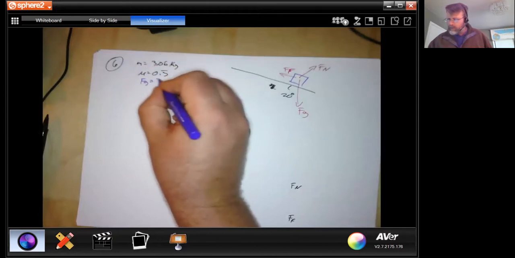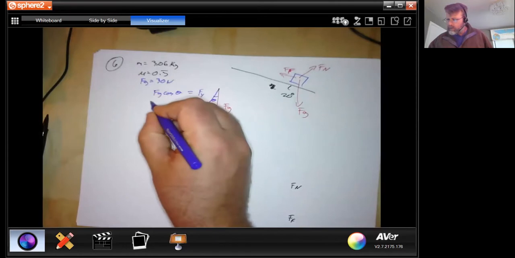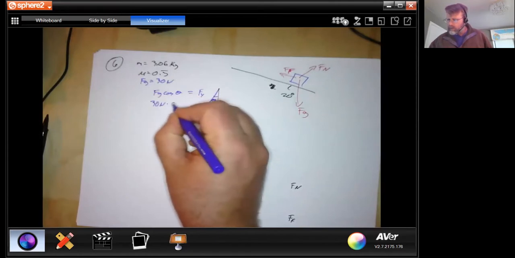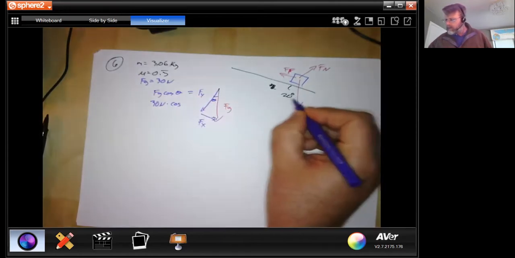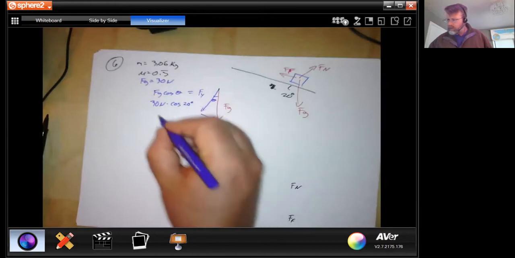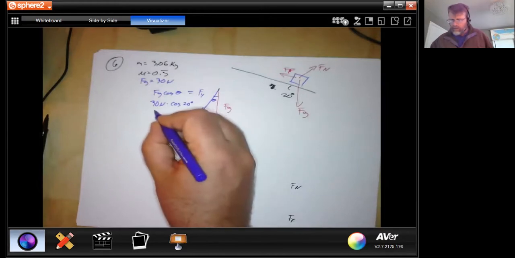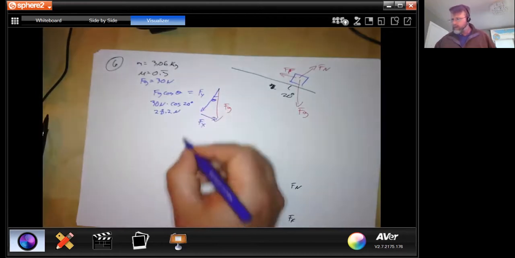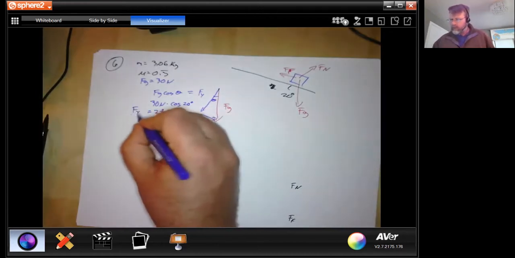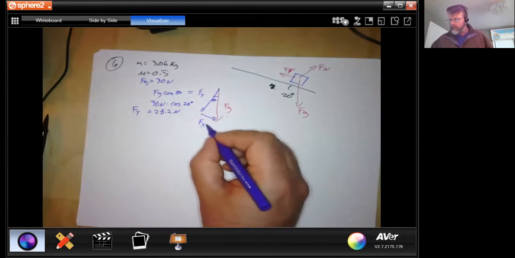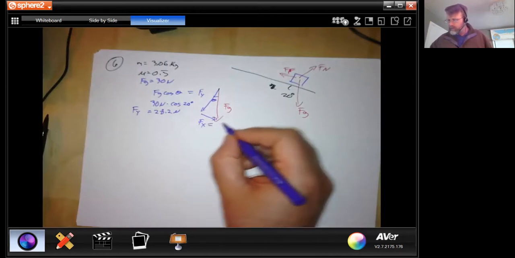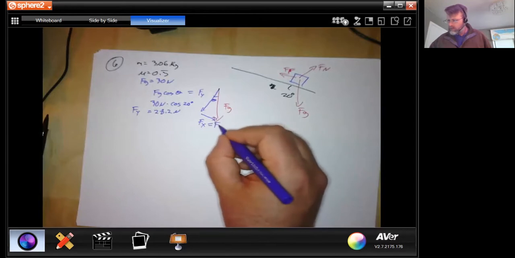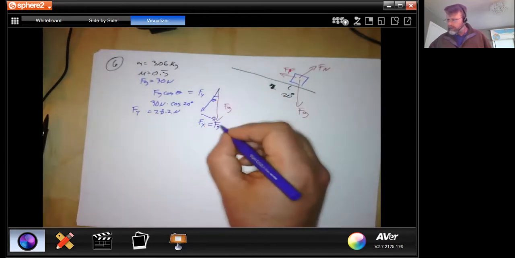Force of gravity is 30 newtons. So I'm going to do 30 newtons times the cosine of 20 degrees. So that is going to be 28.2 newtons. That was my force in the y. My force in the x is equal to force of gravity. Now I'm opposite of that.